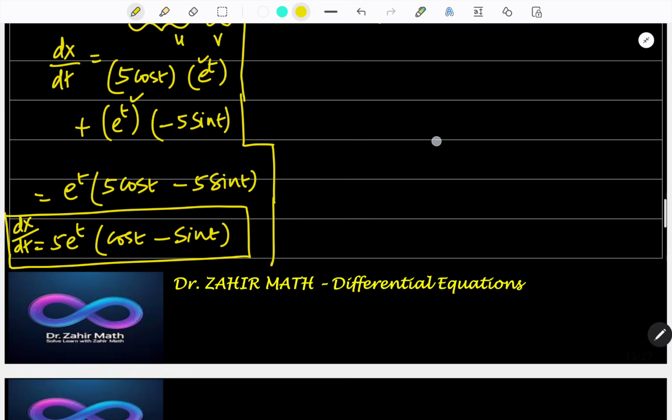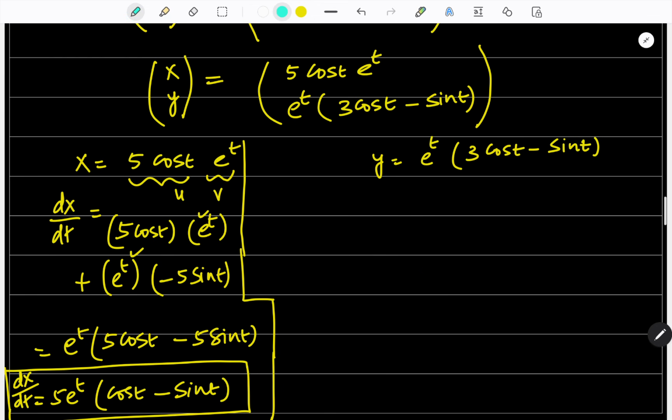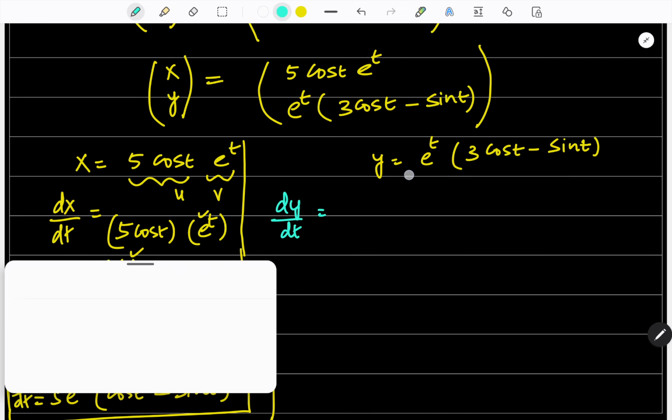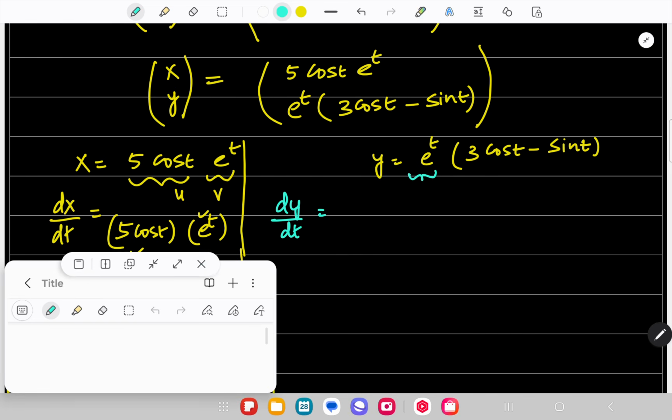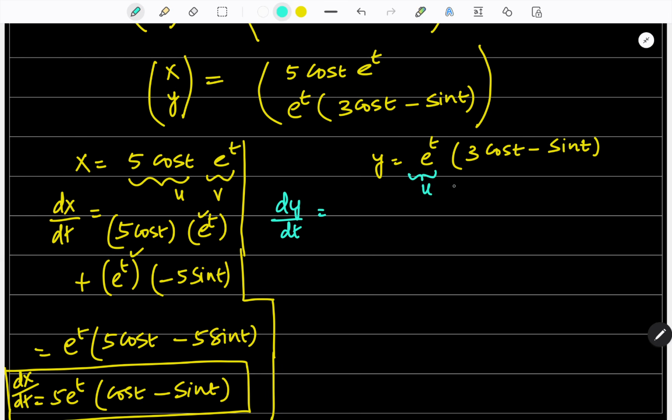Now let me go for dy by dt. So dy by dt is equal to, here also you have a product u and v. Keeping u e power t, the derivative of 3 cosine t, how much?